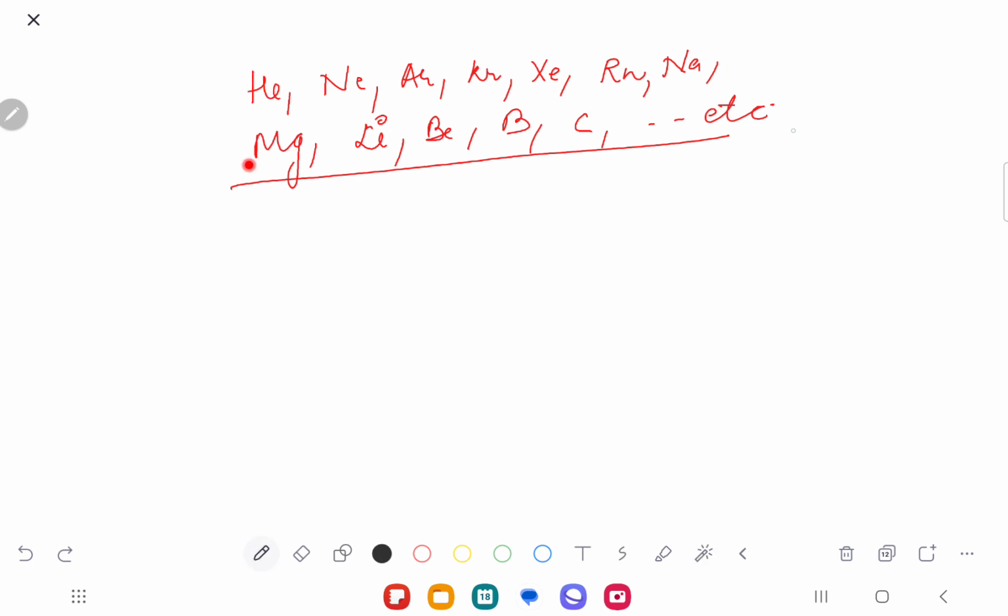So there is no molecule for them. So I will call their atomicity is 1. Do you understand? Any doubts in this?